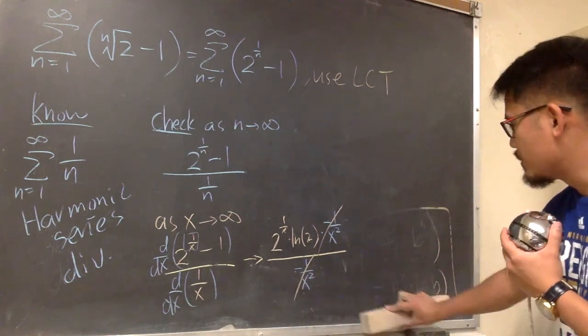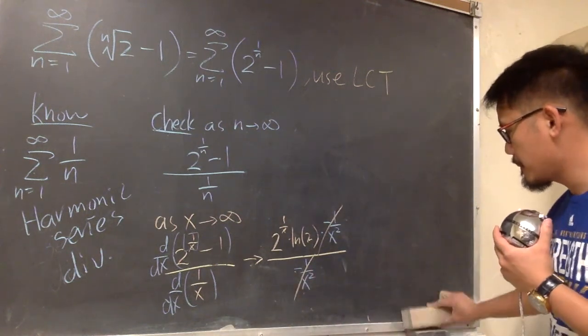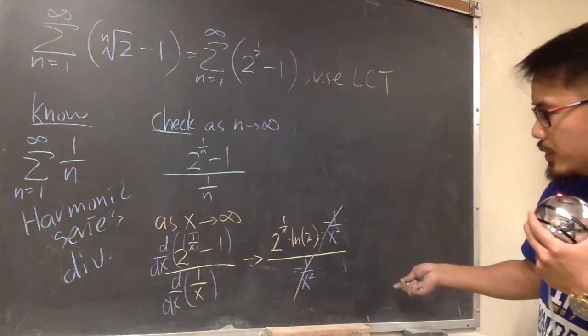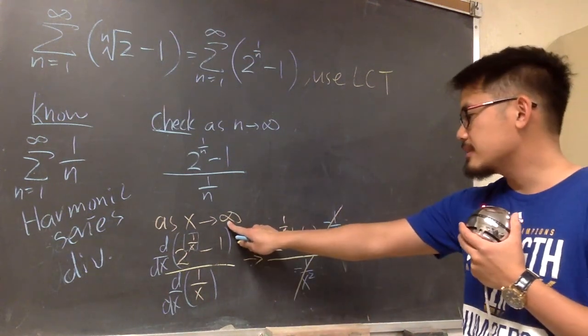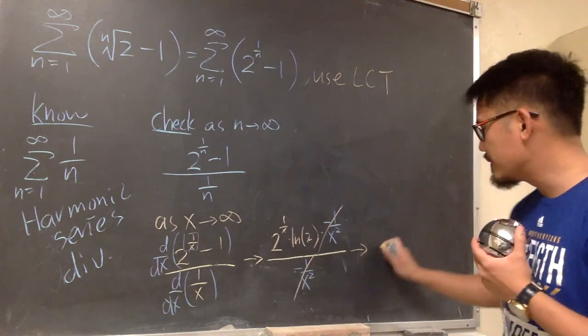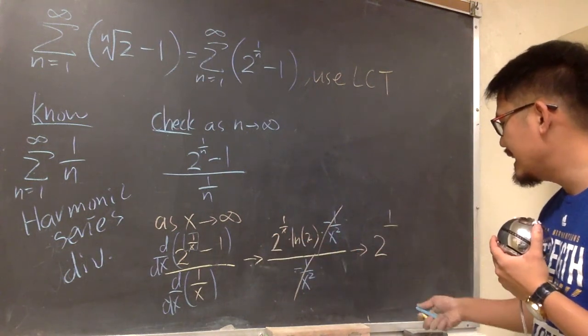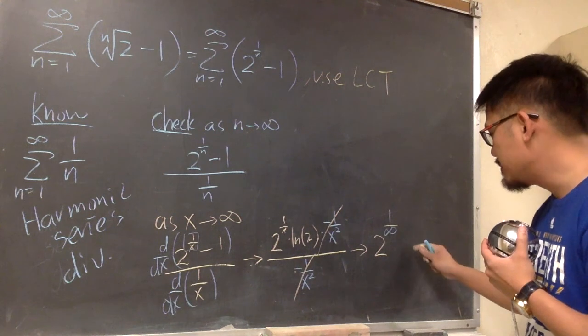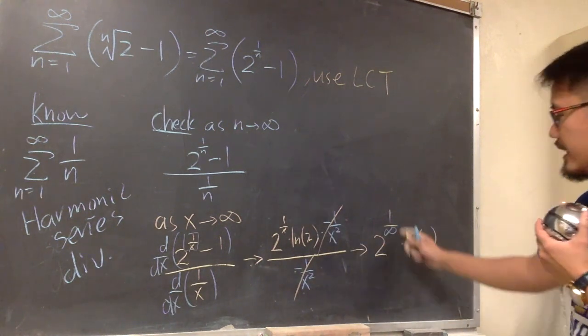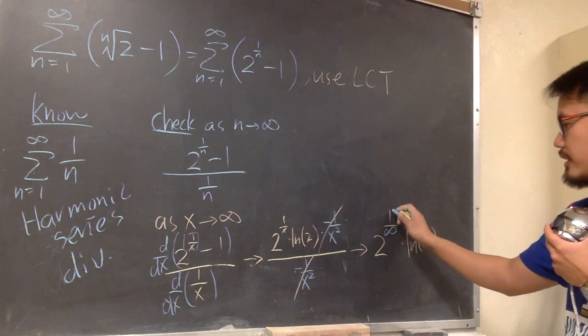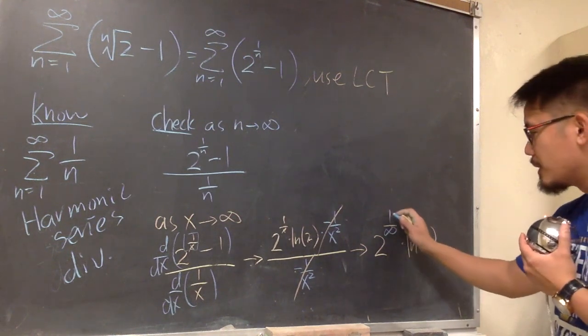Let me erase this right here. Well, what do we end up with? As x is approaching infinity, we have 2 to the 1 over infinity times ln 2. And once again, this is 0. 2 to the 0 power is just 1.